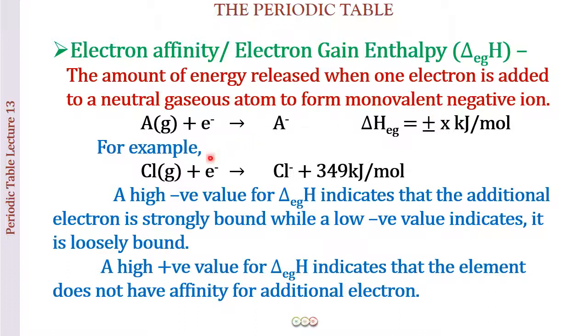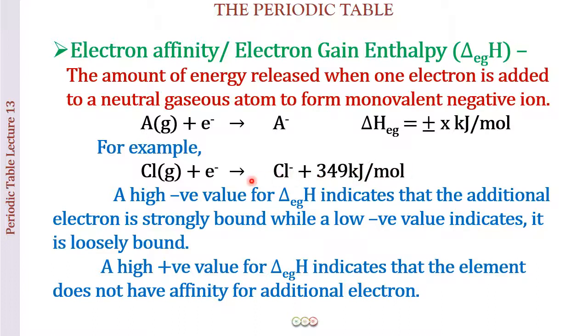For example, for the electron affinity, we have a chlorine atom to which an electron is added and we form a chloride ion. So it's chlorine with one negative charge. And in the process 349 kilojoule per mole energy is released.